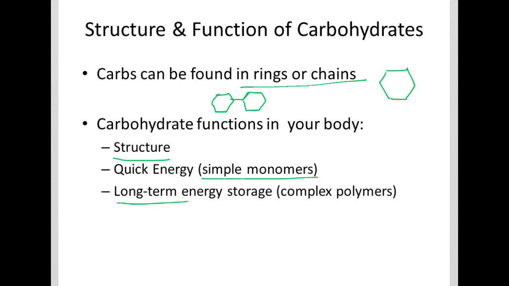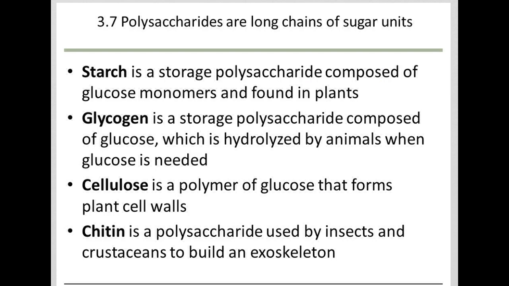And also, complex polymers can be involved in long-term energy storage, sort of the reason that runners will have pasta parties and get those complex carbohydrates into their systems, not an hour before they run, but some amount of time before they run, so they have all that stored energy.